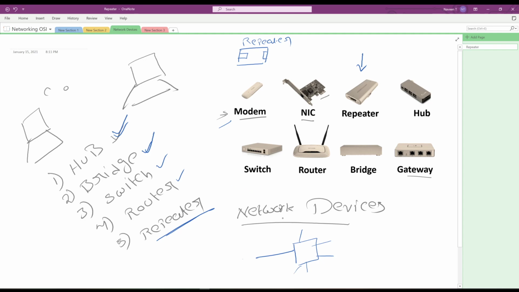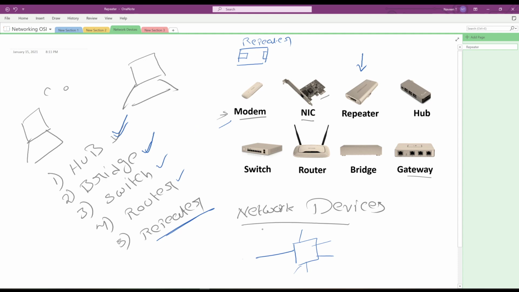Hub is nothing other than a multi-port repeater. It enables us to connect multiple devices to the hub. But the problem is it creates collisions. We will see what collision is, what a collision domain is, later.